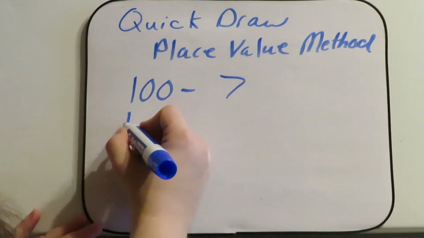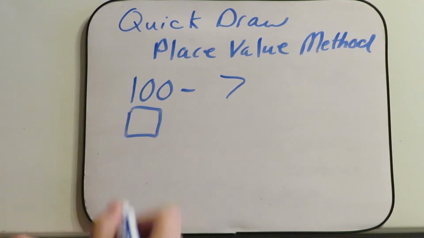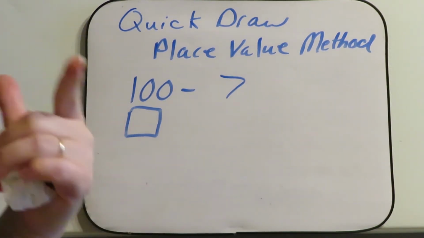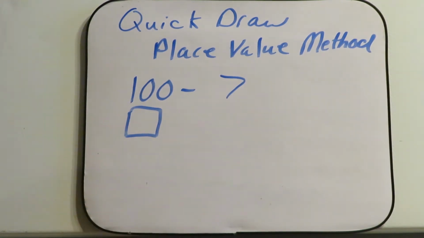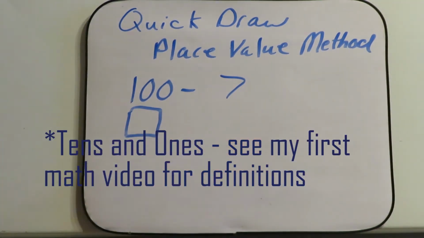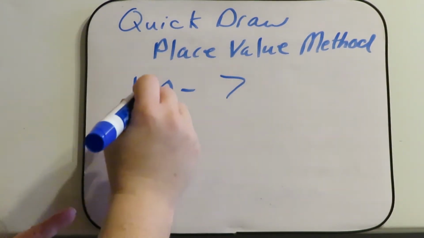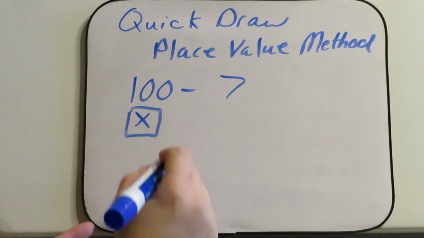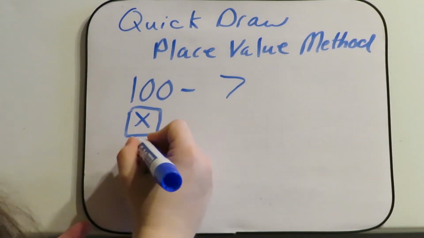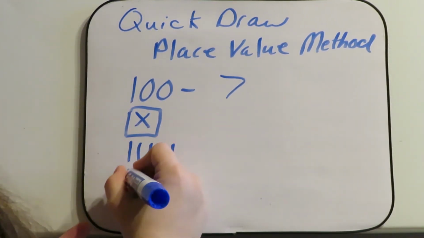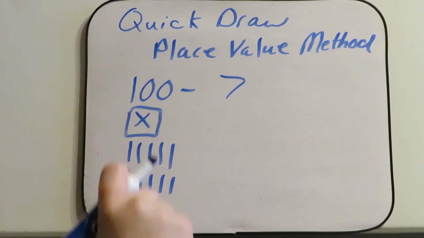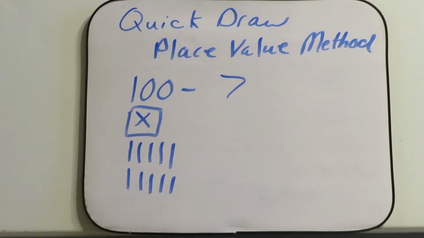Okay, we're going to take 100 and think of it as a big block. And we're going to take away 7. We need to know ones, tens, and hundreds for this. If you don't know what those mean, then please watch my first video where we talk about place values. Okay? But for this, we're going to divide 100 into 10 tens. 2, 3, 4, 5, 6, 7, 8, 9, 10. Okay, with me so far?